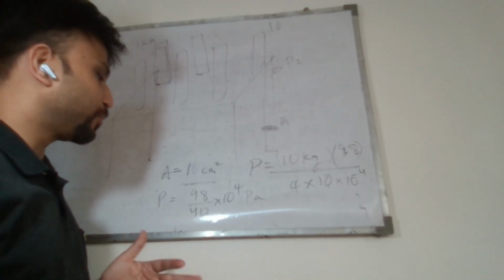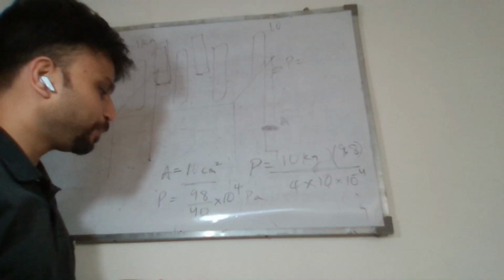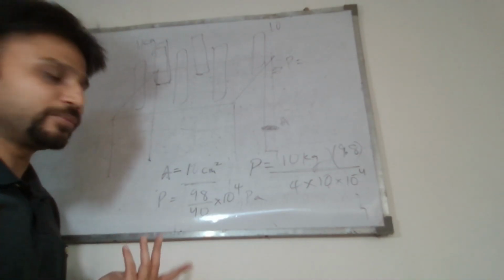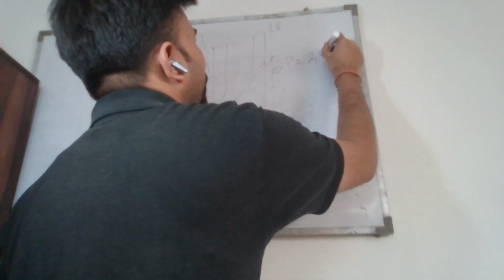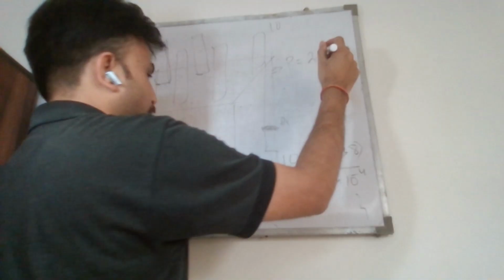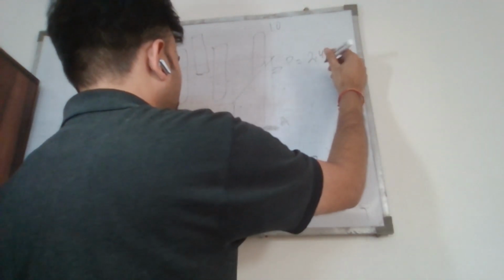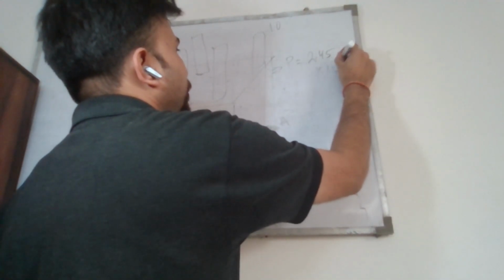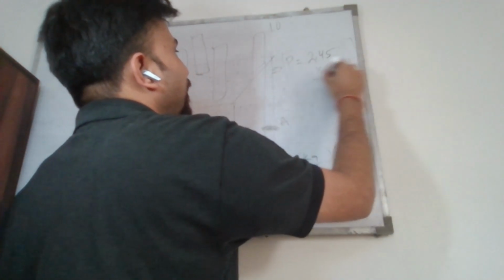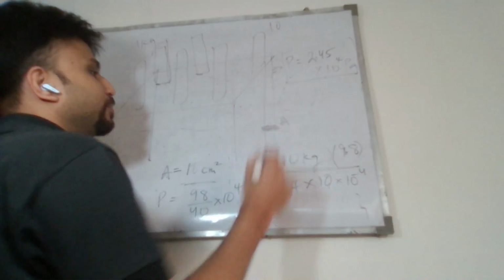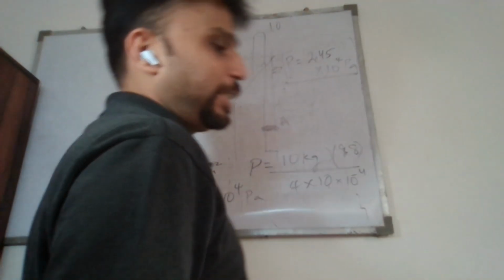This value would come out to be 49 upon 20, or 2.45 into 10 to the power 4 Pascal. So this is the net pressure acting on each of the legs. So this is what pressure is.